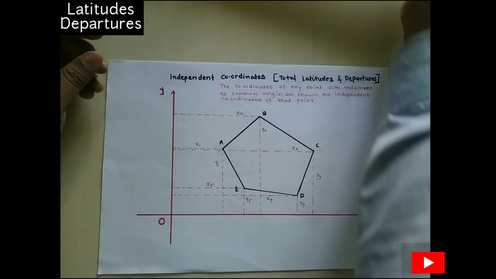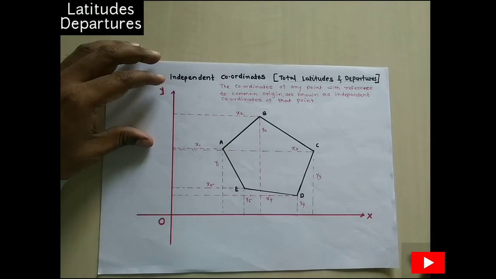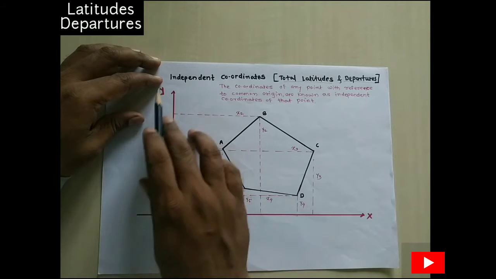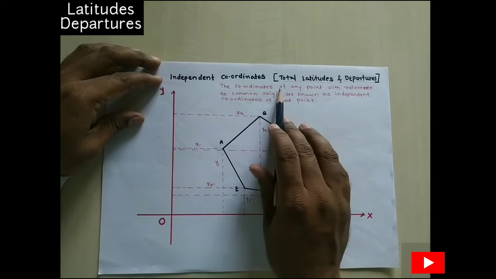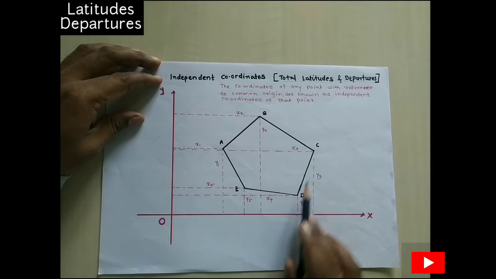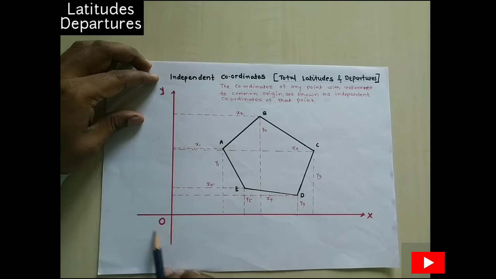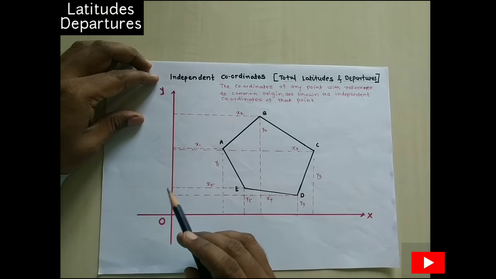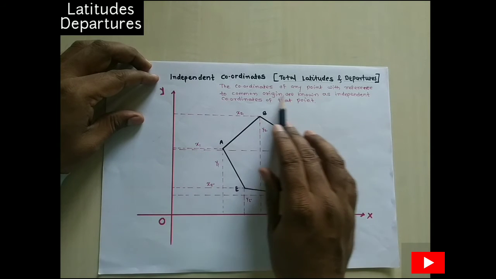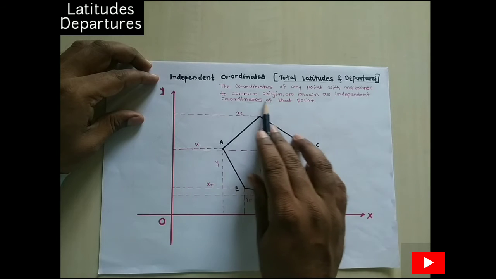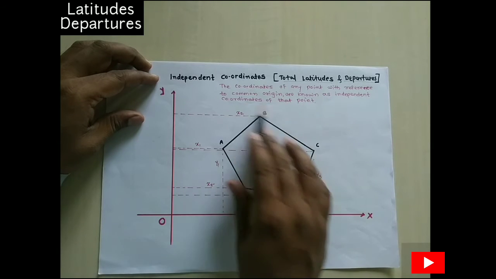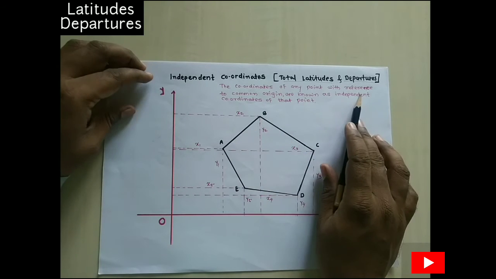So how do we determine the independent coordinates? The coordinates of any point, A, B, C, D, with reference to a common origin, where this is the origin with X and Y axes, are known as the independent coordinates of that point.